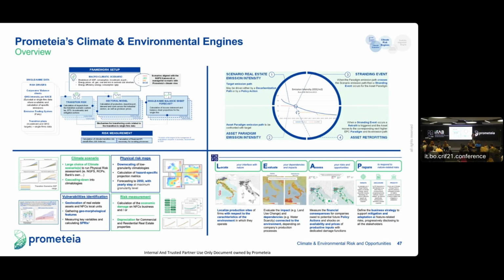Suppose, for example, that in order to reach your net zero policy, so that for all the greenhouse gases you put in the atmosphere, you also subtract enough greenhouse gases from the atmosphere, you have to invest money.